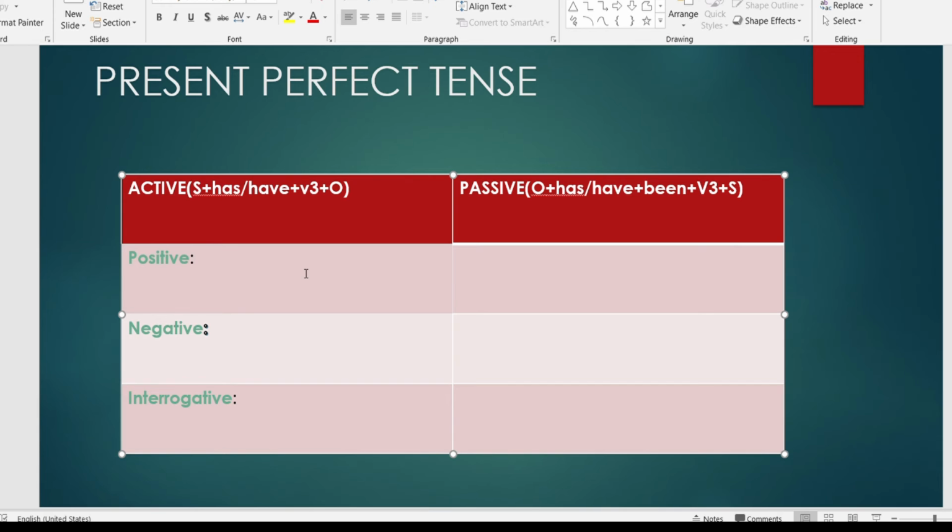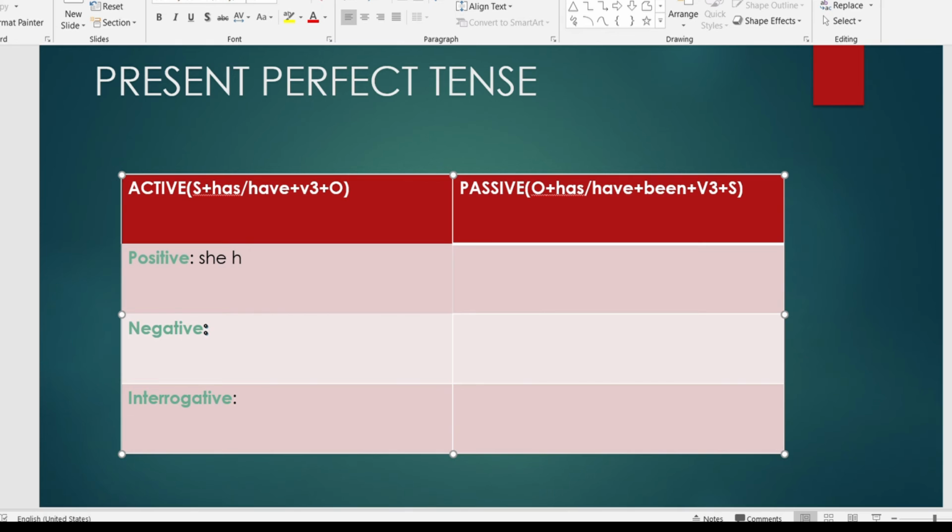There's a difference between the simple past and the present perfect tense that I just made. I visited Amritsar and I have visited Amritsar. When you talk about something that happened in the past, then you use simple past. But when you talk about something which has happened till now, then we use present perfect tense. So let's take one example.